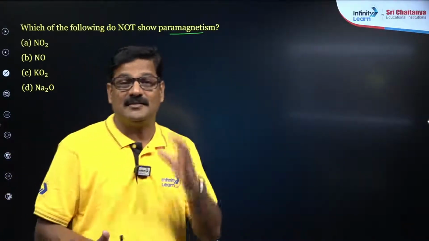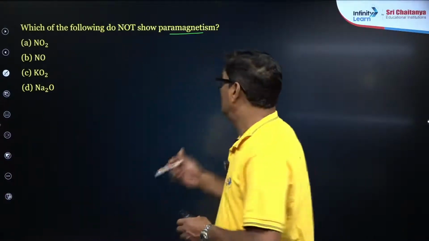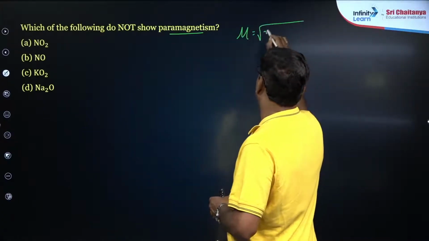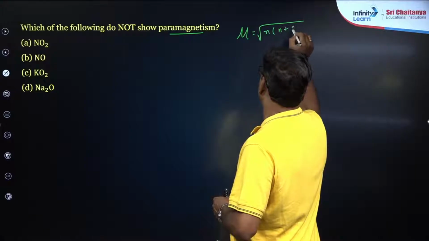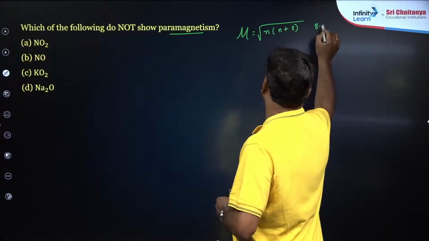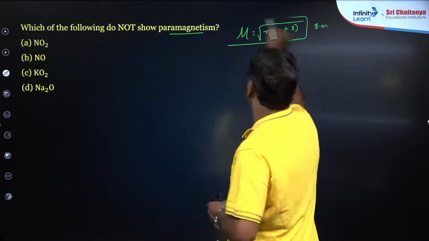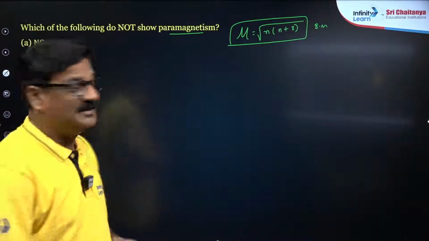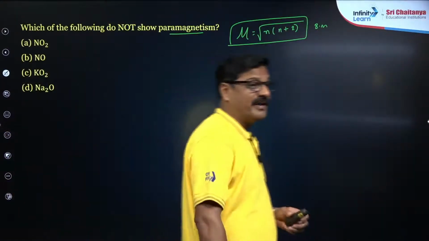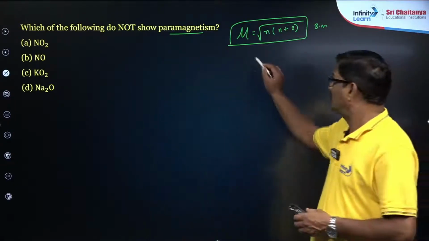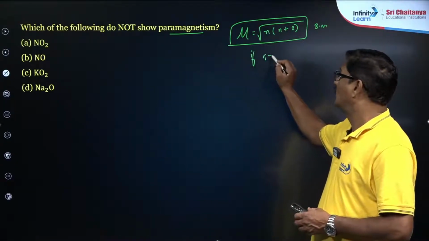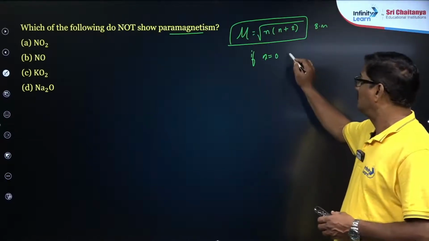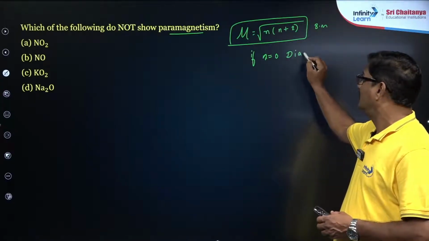Here the magnetism is calculated based on mu is equal to root over n into n plus 2 Bohr magneton, and Bohr magneton is the unit. Mu is the magnetic moment, n is the number of unpaired electrons. If n is equal to 0, the molecule is said to be diamagnetic.